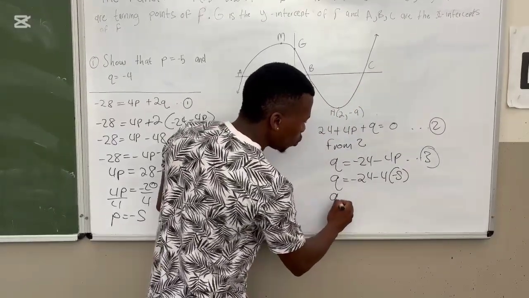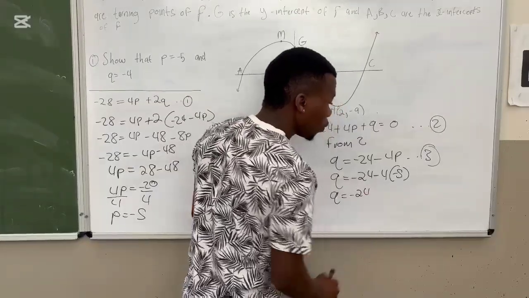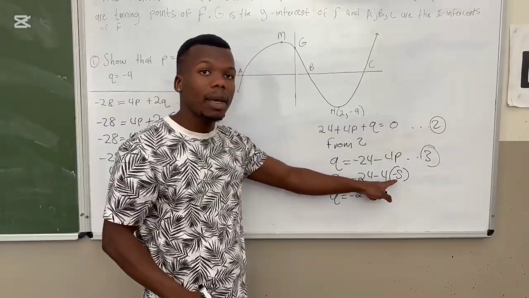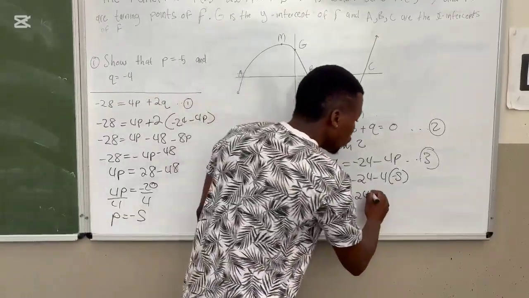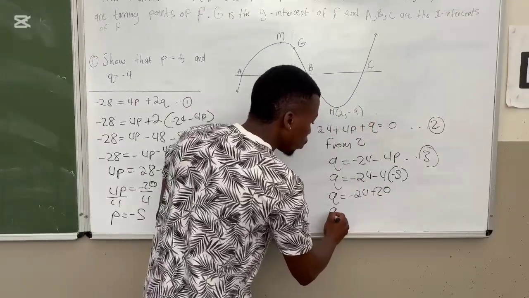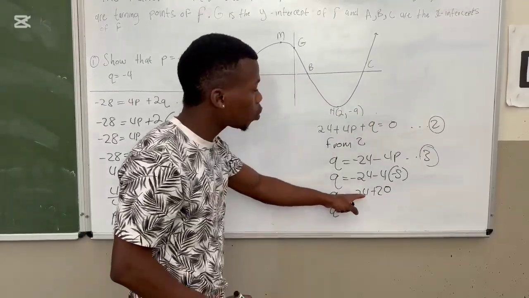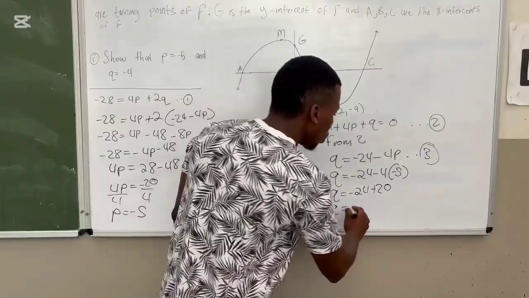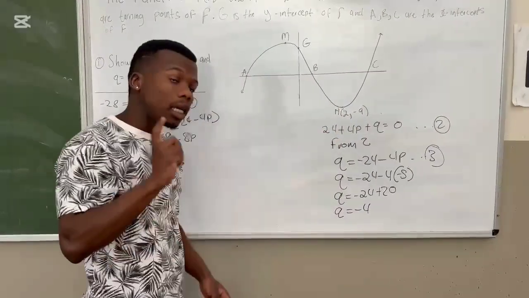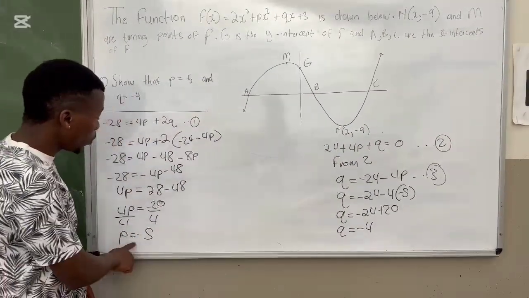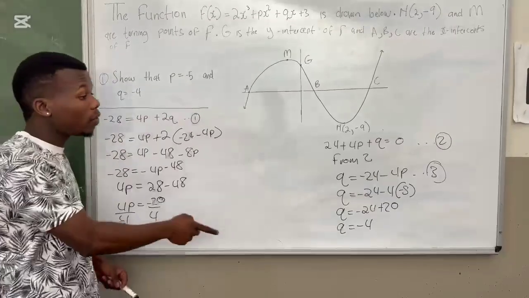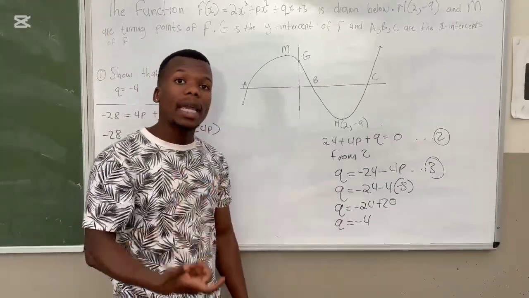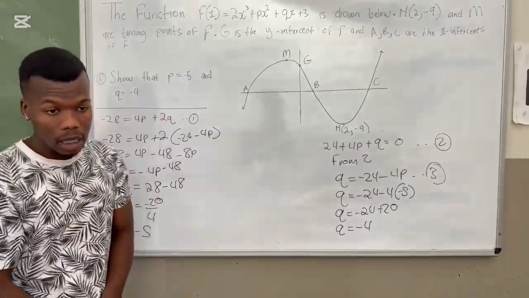Then this is q is equal to minus 24. What is negative 4 multiplied by negative 5? It is positive 20. In other words, the value of q is equal to minus 24 plus 20, which is equal to minus 4. Yes, my friend, I have shown that the value of p is equal to minus 5, and the value of q is equal to minus 4. Now let's go to the next question.